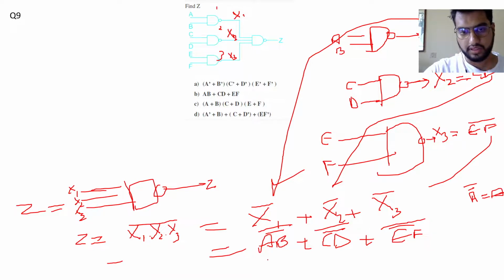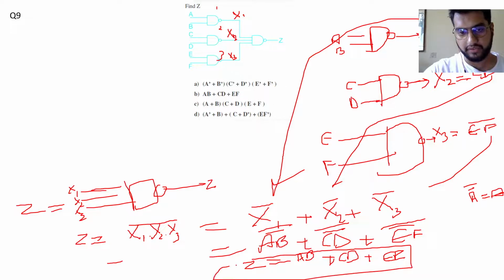So this is equal to AB plus CD plus EF. Our final expression would be Z equal to AB plus CD plus EF. So this is option B. Question 9 had the correct option as option B.